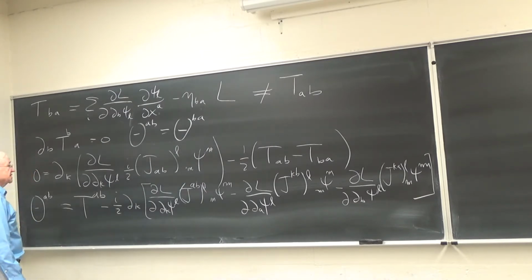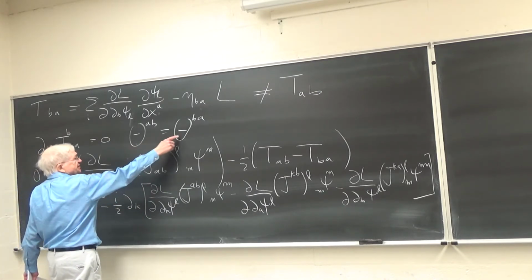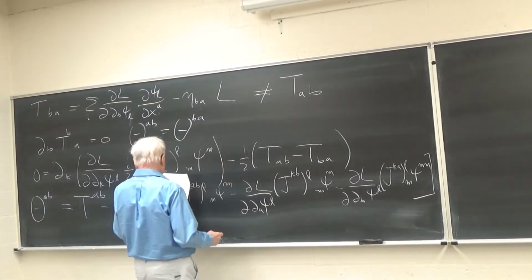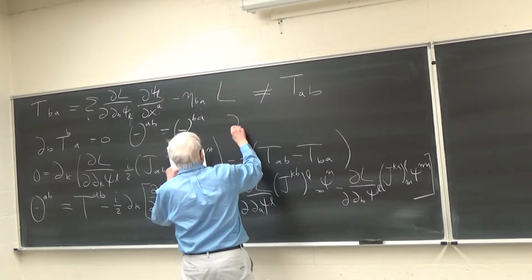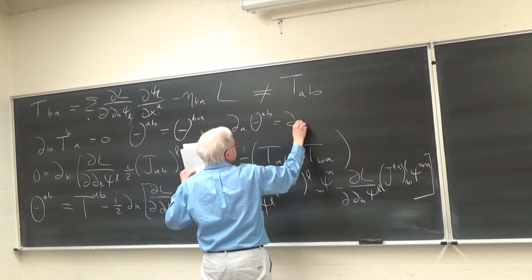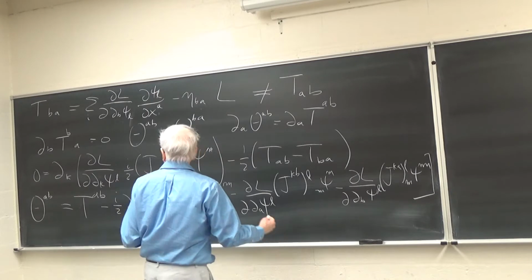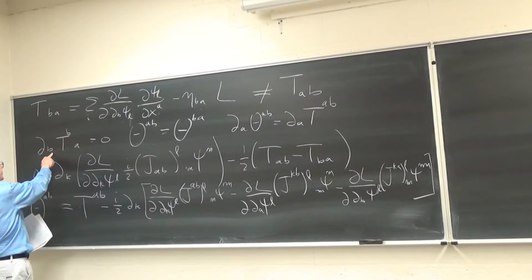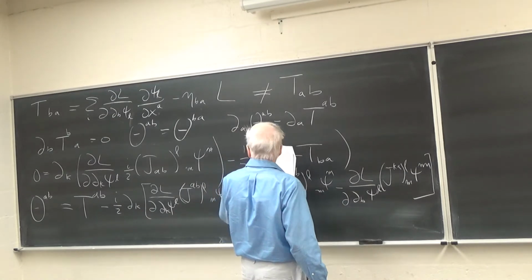Now, there are two important things about the Belinfante energy momentum tensor. The first is that it's symmetric, but the second is that it's as conserved as T is. And so in particular, maybe I'll start here, dA of theta AB, well, this is the eighth derivative of TAB, which of course vanishes. That follows from this. I mean, you can raise the A and there's no problem there.